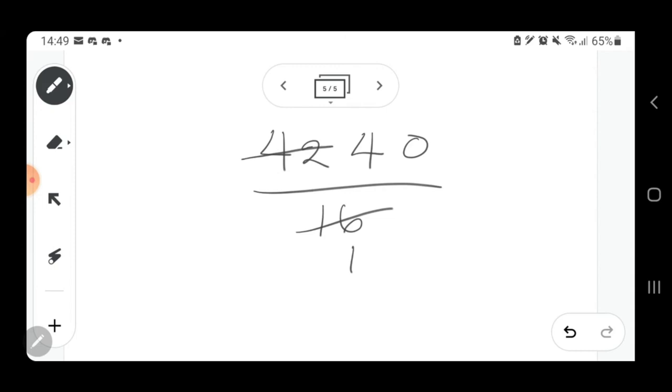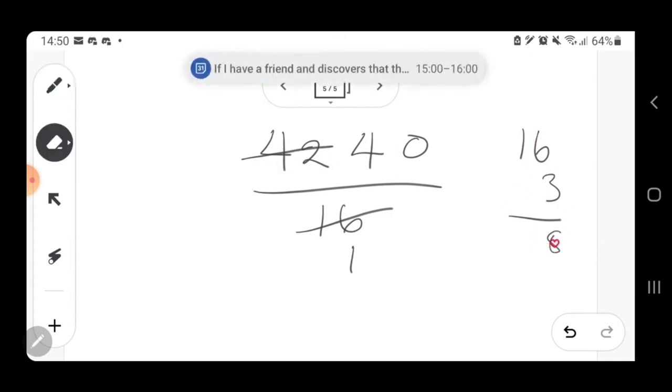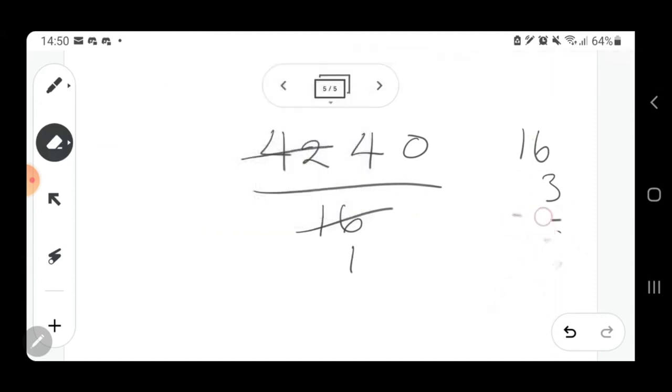So 16 times 2 is 32. Okay, 16 times 3, I'm going to write it here so you can see. 16 times 3, we know that 6 times 3 is 18. So that gives me a clue that 16 times 3 is 48. Okay, that's another clue, another way out for you in the exam to try and find out what figure is closer.